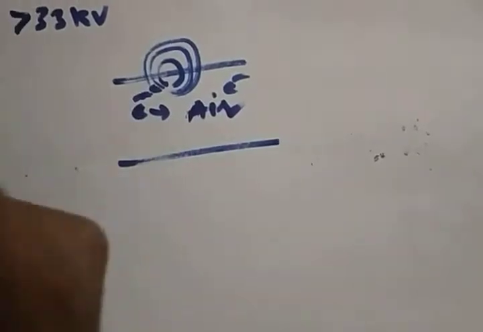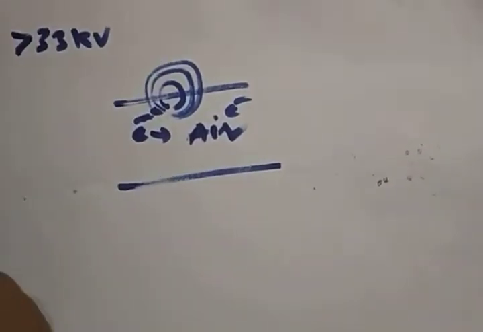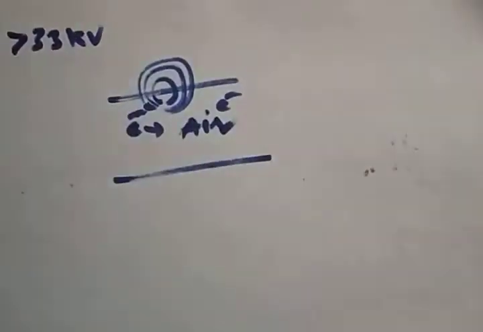If that much gradient is present, definitely the electron force is there. Due to that force, electrons collide with the molecules, then develop more electrons. Likewise, there will be a conducting path between the two conductors. I hope it's clear how the corona forms.